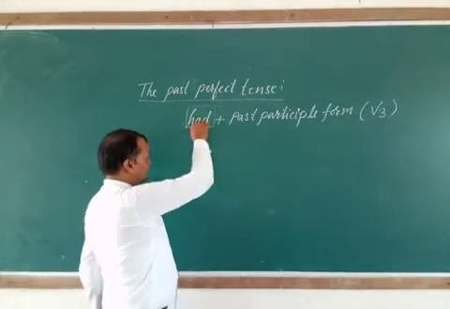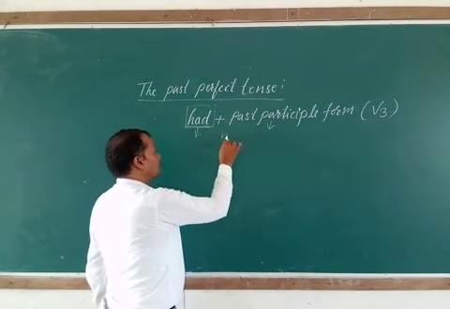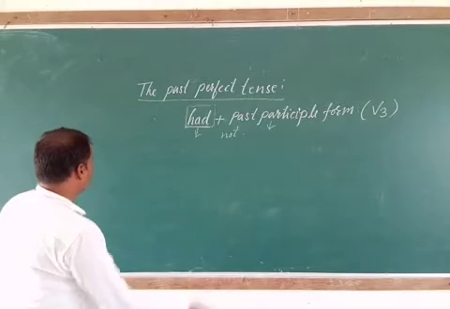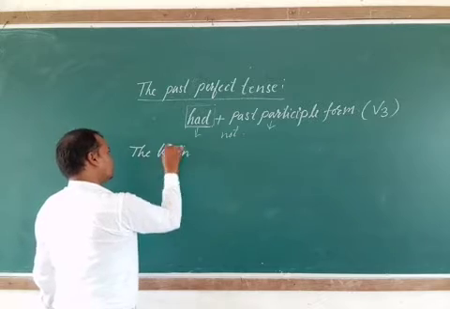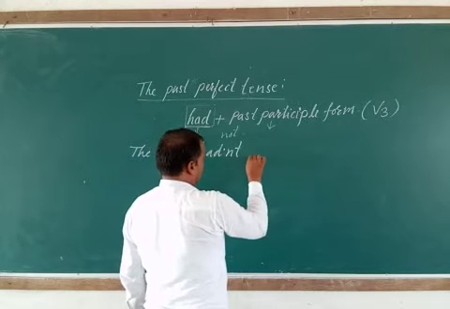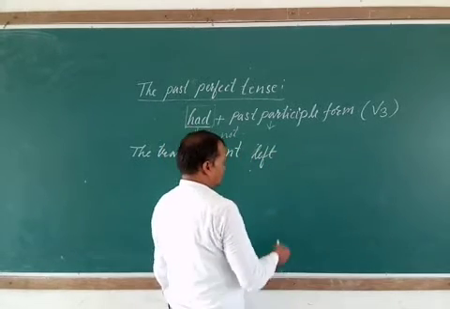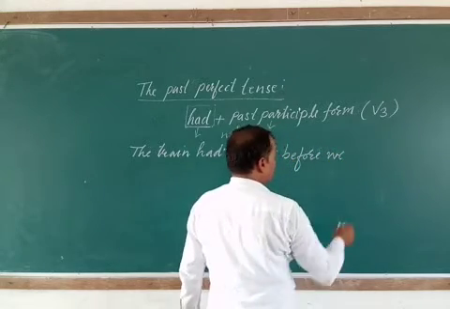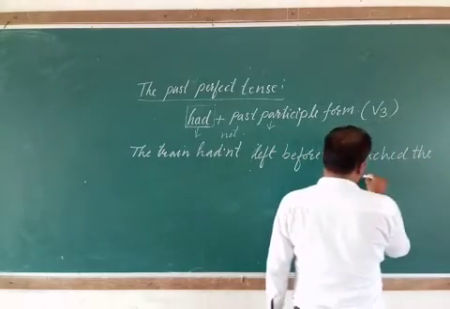So between had, the auxiliary verb, and the main verb, we will use not to make them negative. So we can say: the train hadn't left before we reached the station.